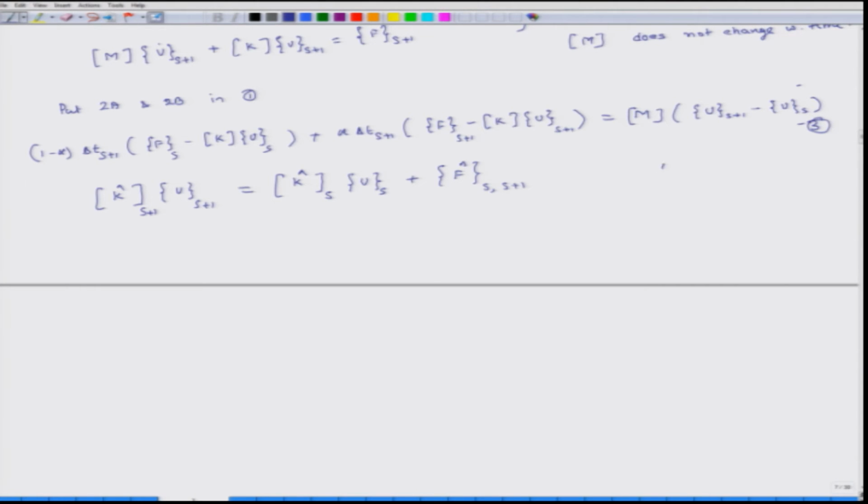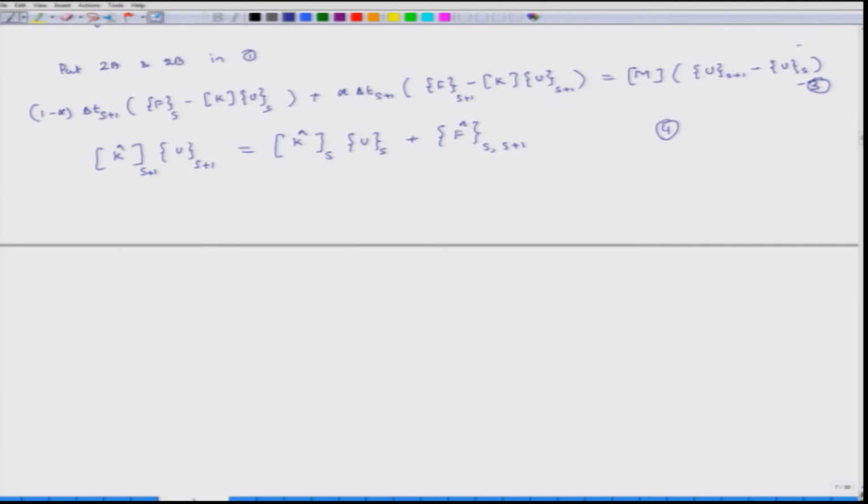So, this is equation 4, and this equation 4 is gotten directly from 3, and what is K hat?